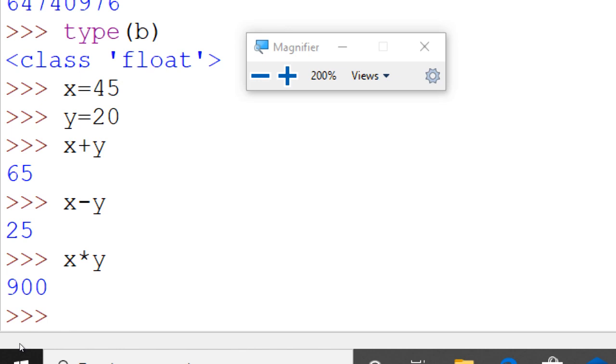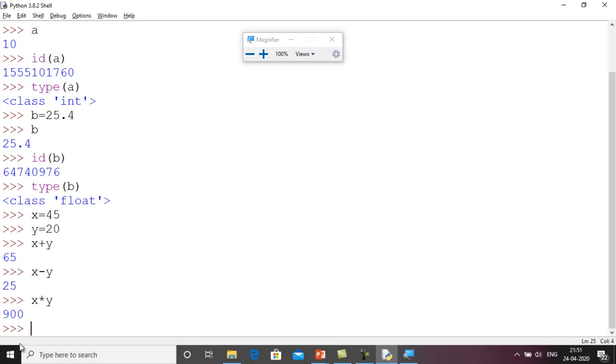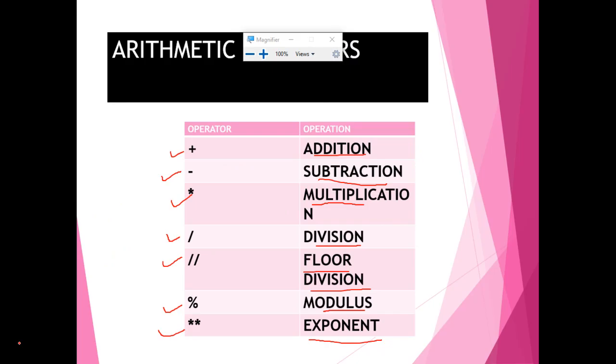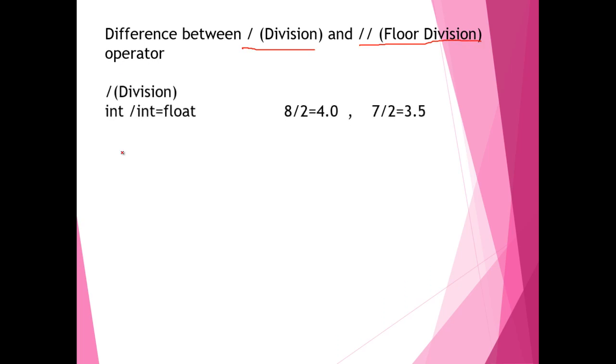After that we have the division operator. Before initiating that one, let us understand the division and the floor division operation. What is the difference between these two operations? We want to know the difference between the single slash, that is division, and the double slash, that is the floor division operator.